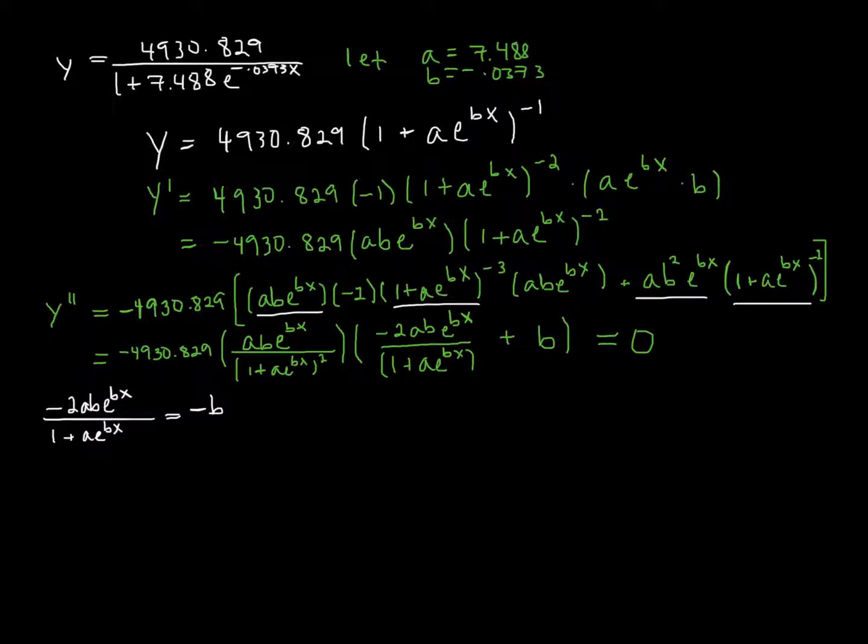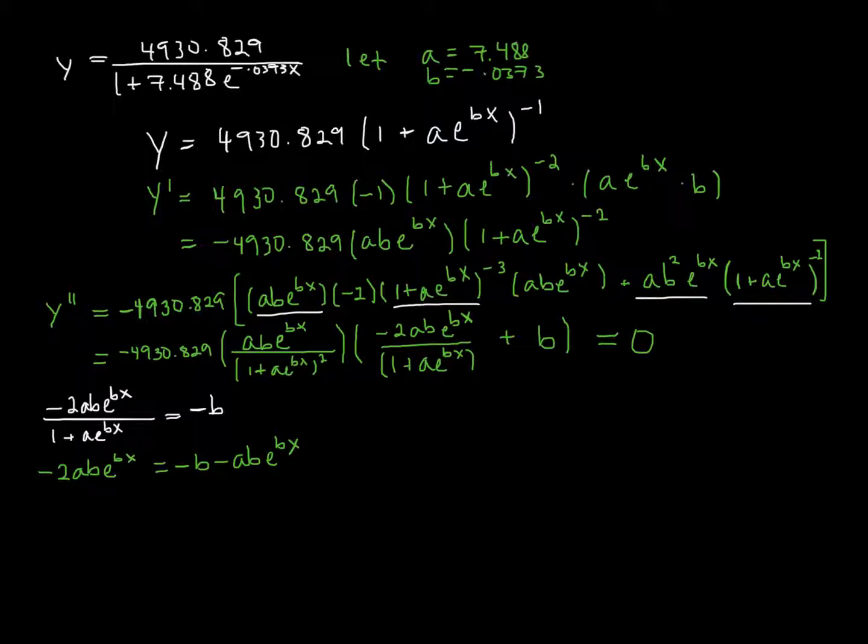So on the right side I'll then have a negative b times 1, which will be negative b, and then minus a b e to the bx. Alright, at this point I notice that I have these a b e to the bx's on both sides, and I realize, of course, that my exponent holds the variable that I'm solving for.